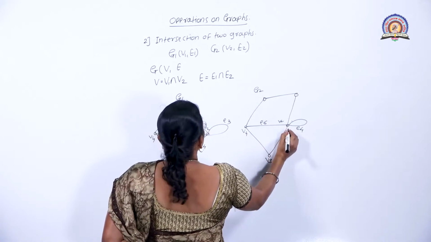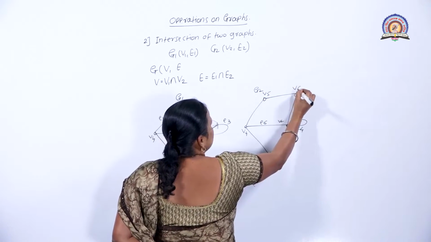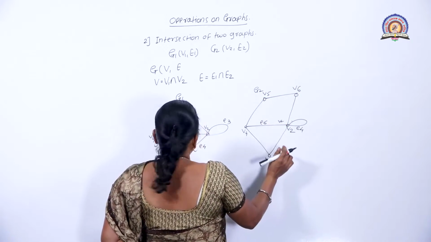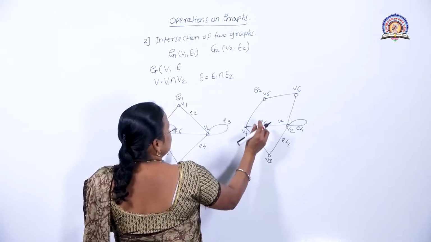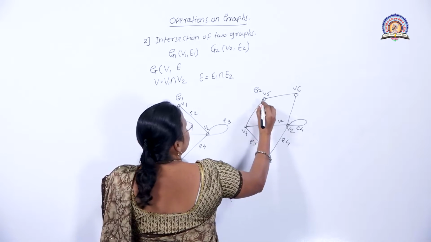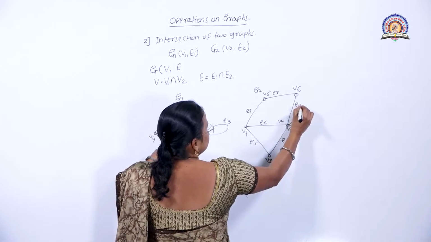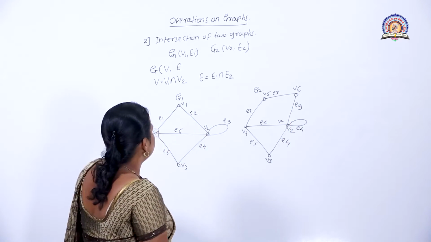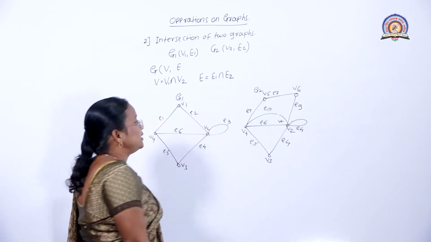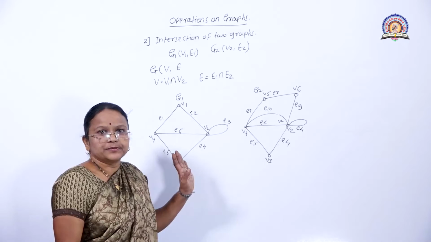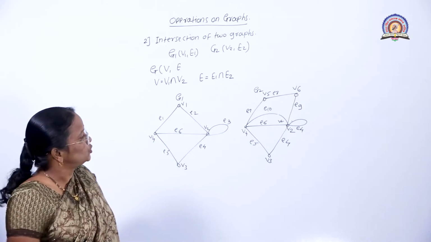Here we take additional vertices V5 and V6. Now the edges are E4, E5, E6, E7, E8, E9, and suppose I take one more, E10. Now these are the two graphs.